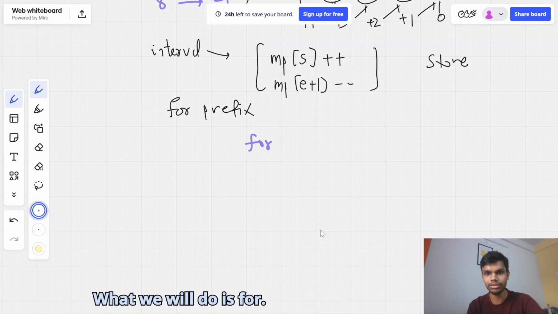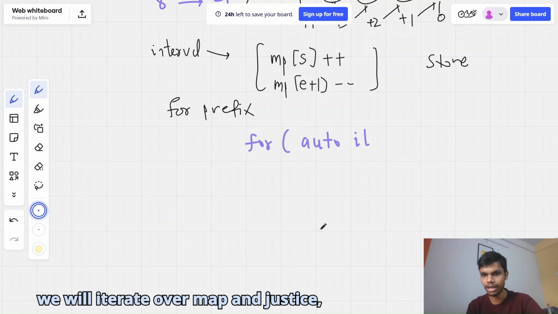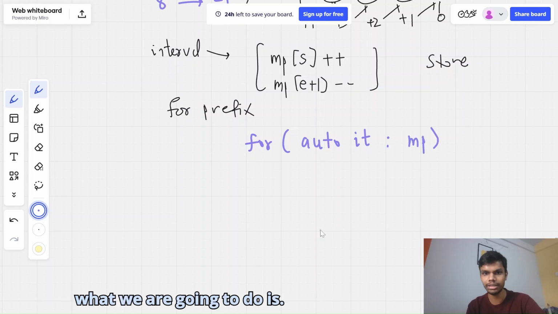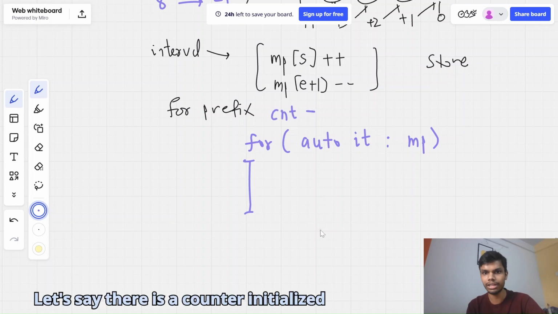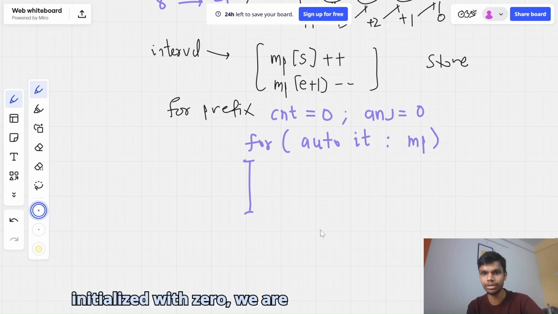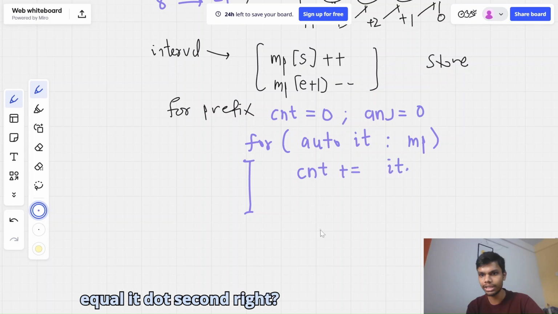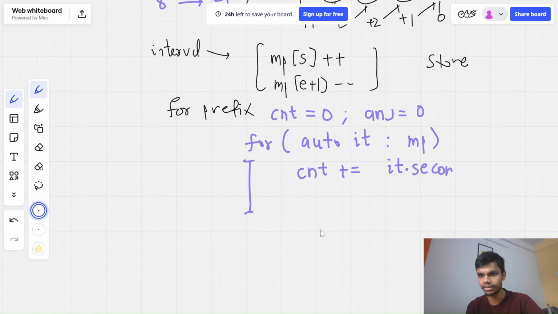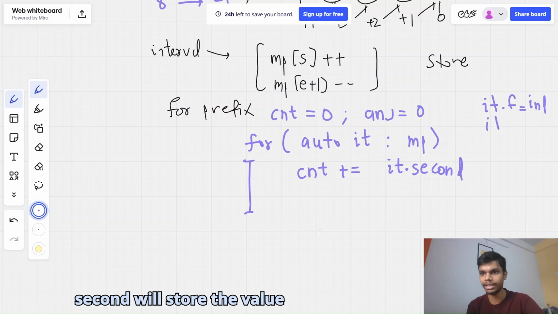What we will do is iterate over the map with auto it, with a counter initialized with 0 and answer initialized with 0, and do cnt += it.second. it.first stores the indices and it.second stores the value, right?